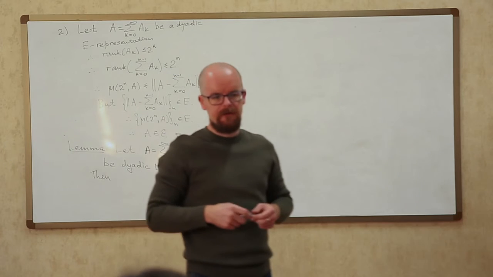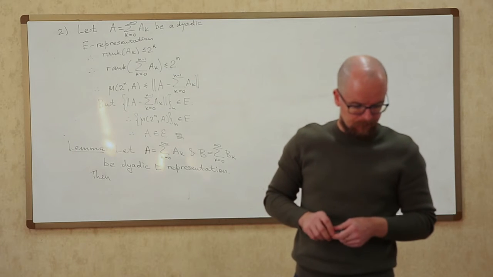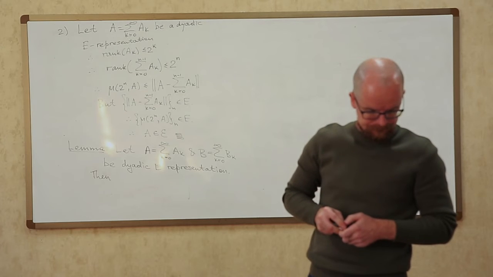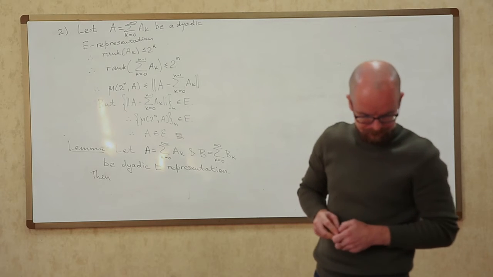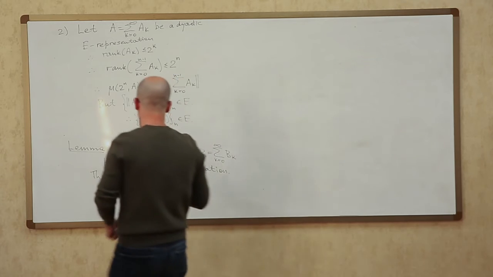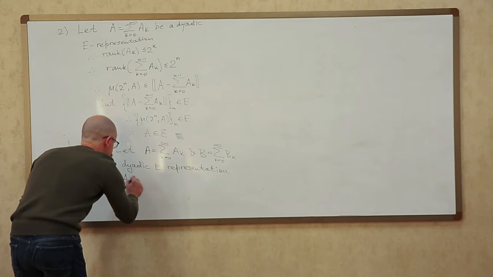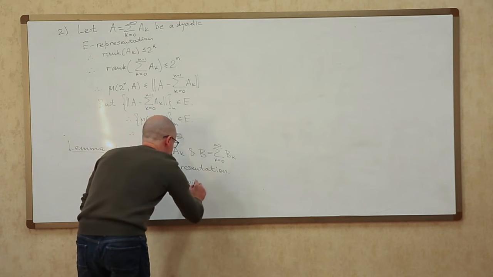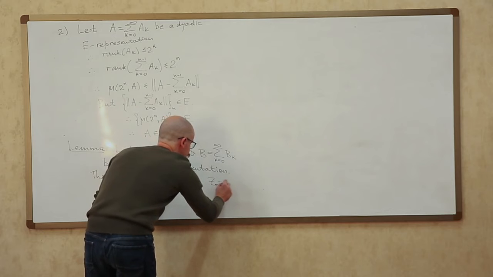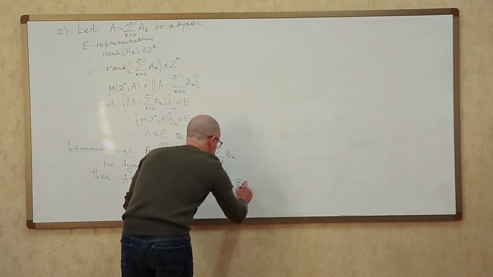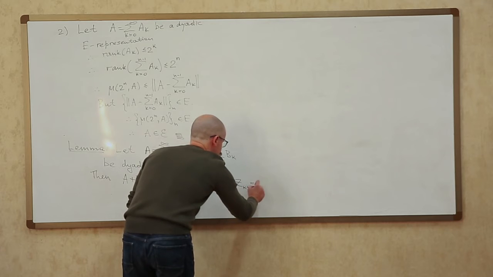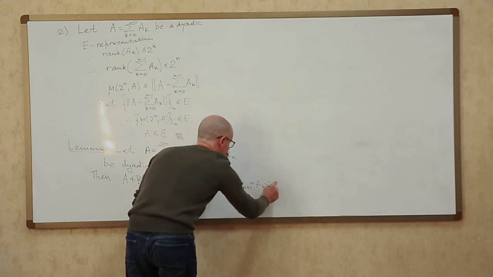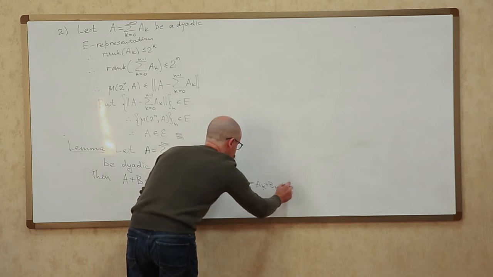We define the dyadic representation for the sum. Then A plus B equals the sum of Z_k, with Z_0 to be 0 and Z_{k+1} to be A_k plus B_k, where k is 0, 1, and so on.